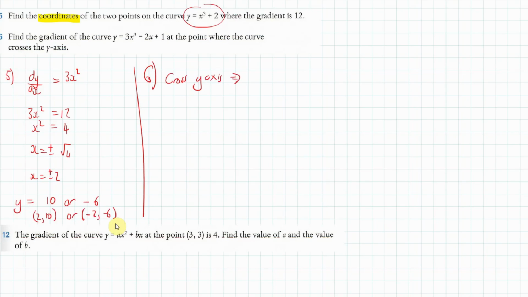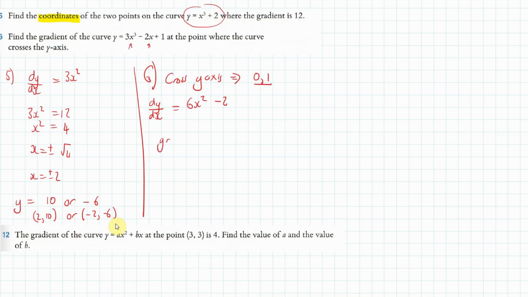So therefore, the coordinate is 0, 1. We could just pop in zeros for those x's there. Now let's do dy dx. The gradient function is equal to 6x squared minus 2.